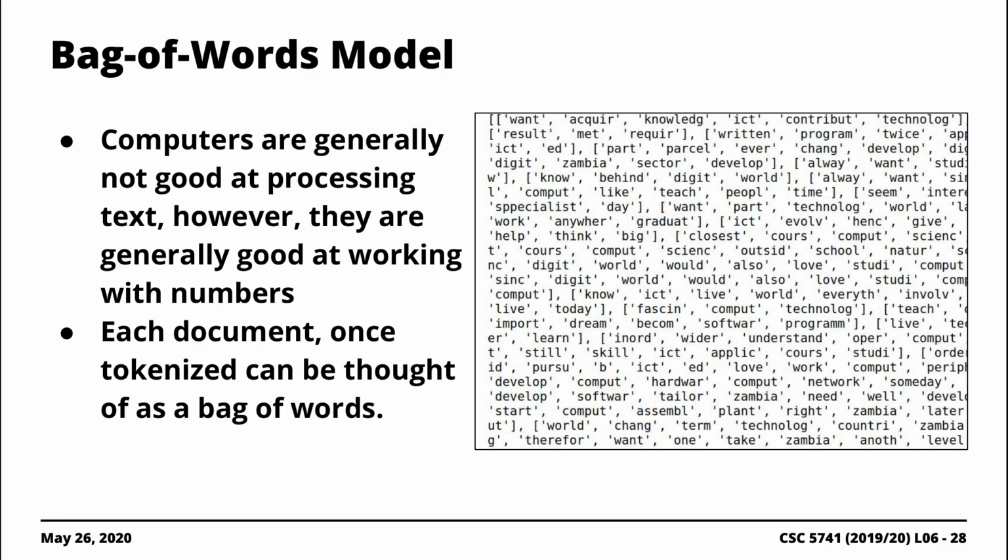Right. So essentially, just to reiterate and emphasize why we go through the painful process of tokenizing a document, splitting it up into its constituent terms or words, right? Remember, like we said before, that computers are generally not good at processing text, but they work well with numbers.